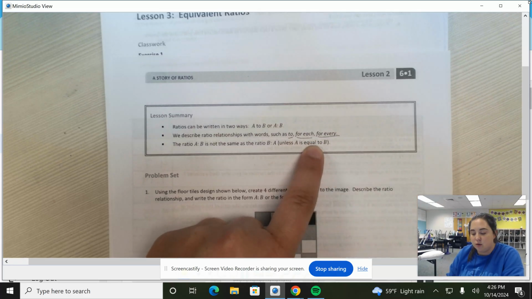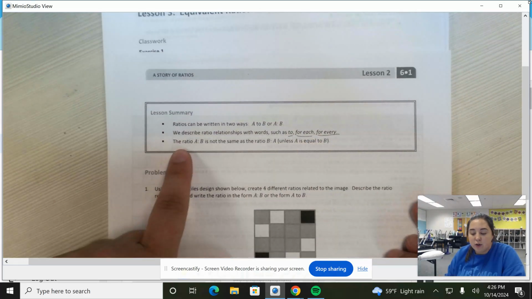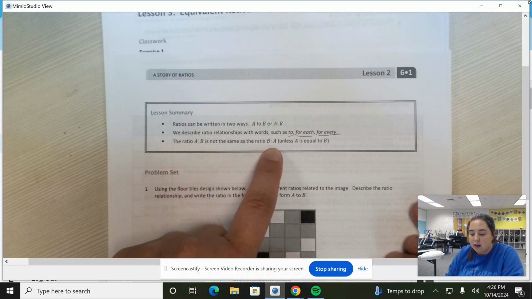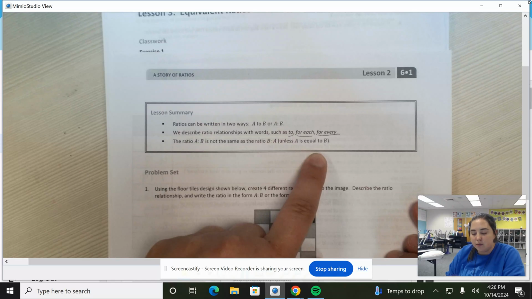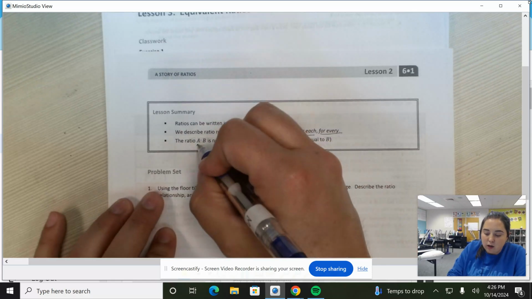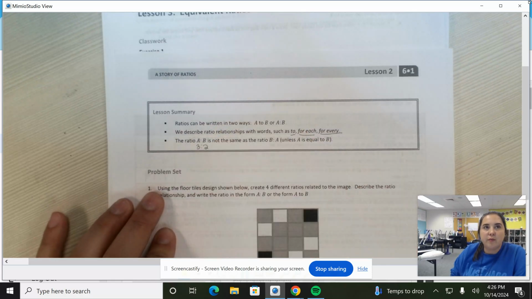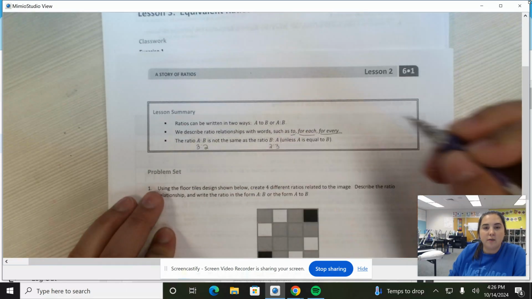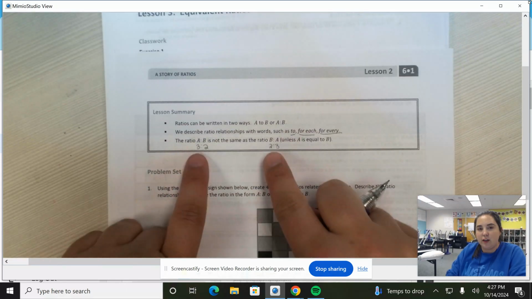Use those to help you. And then finally, the ratio A to B is not the same as B to A unless A is equal to B. So in other words, if I wrote 3 to 2, that's not the same thing as saying 2 to 3. These mean 2 different things.